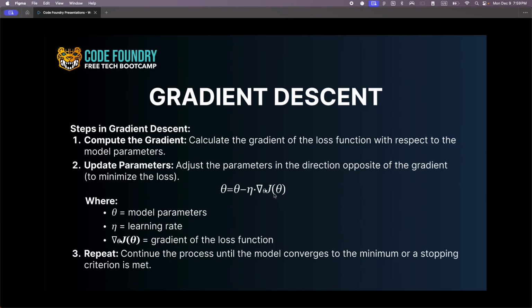So we're calculating, based off of our last parameters, how much loss did we have and how much did our loss change? That's what the gradient refers to: how much did our loss change? Did our data get more or less inaccurate, or more or less accurate, based off of our last changes to our parameters? And then based on that, we're going to multiply it by our learning rate, and we're going to change our parameters accordingly. And so that's essentially what we're doing with gradient descent.